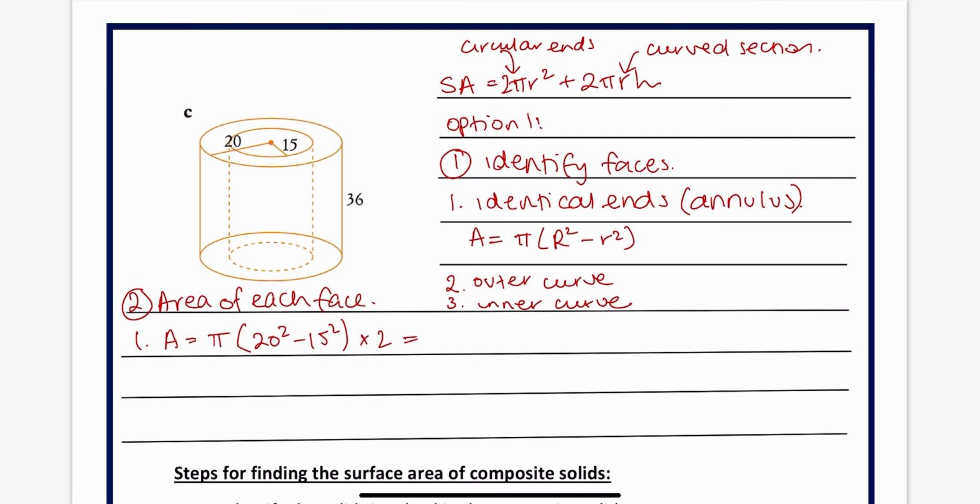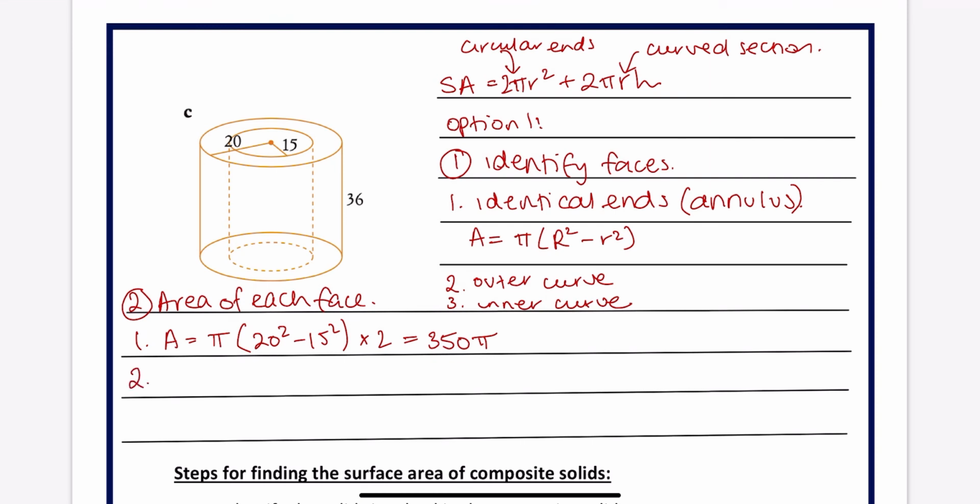If you do round, you may get a slightly different answer when you look at the decimal places, so just be careful of that. So this is 350 pi. I've just done 20 squared minus 15 squared, times that by 2, and then put the pi at the end. That's how you leave it in exact form.